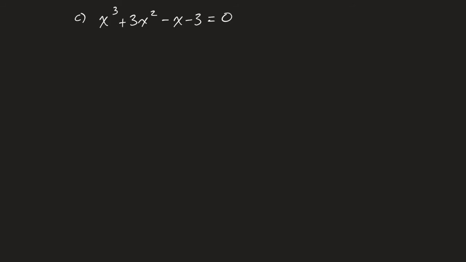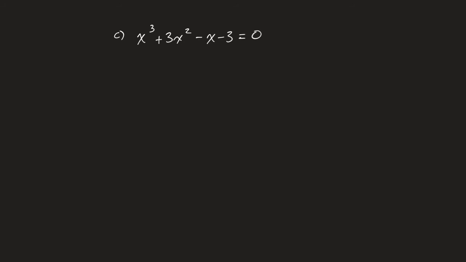We should have enough experience now to say, well, I can't put my x's together into one variable term, so I'm going to try to factor it. And before I blindly jump in and start using factor theorem, I'm going to check and see if it factors by grouping. In this case, I notice that yes, I could pull out a common factor from the first 2 terms.